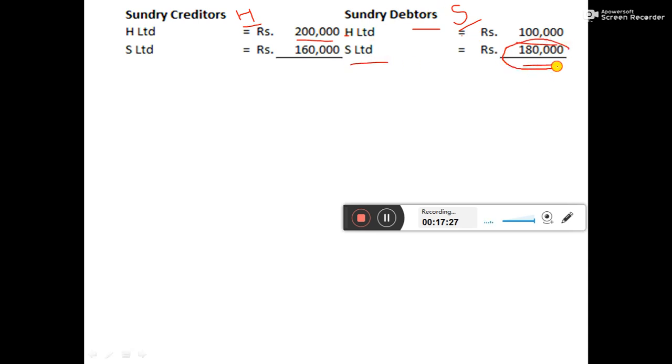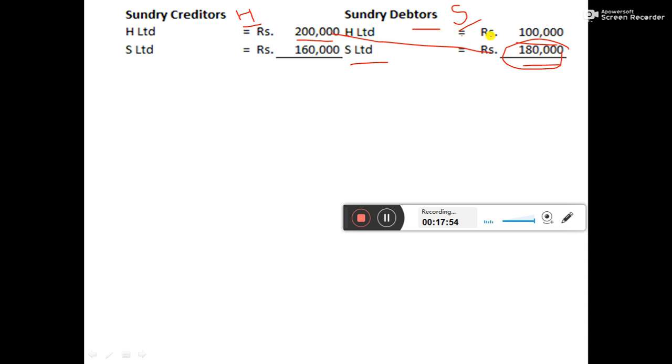In this 1,80,000, 25,000 they are supposed to receive from H Limited. So we have to deduct 25,000 from here and 25,000 from here because this is an intercompany transaction.